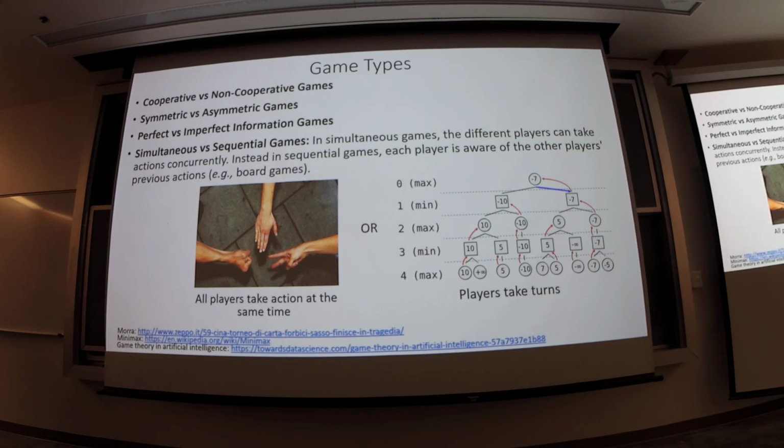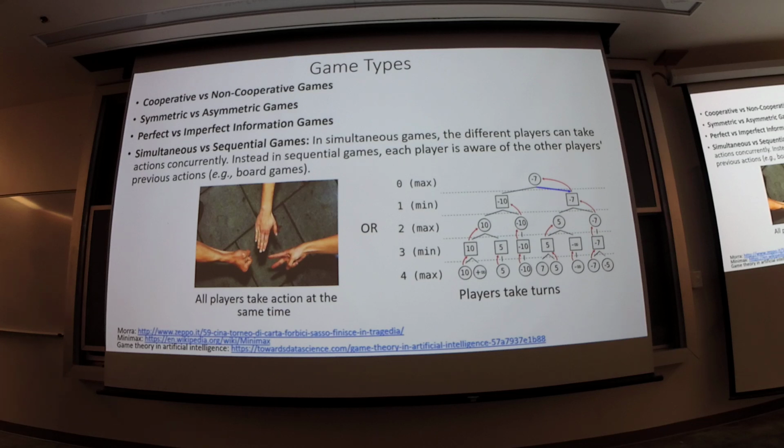So, for example, for whoever studied AI, this Minimax game is very common in certain fields of AI, where you have some elements that want to maximize a variable, while there is another element that wants to minimize the same variable.